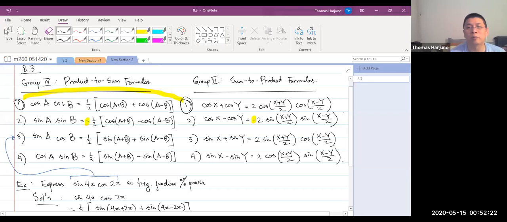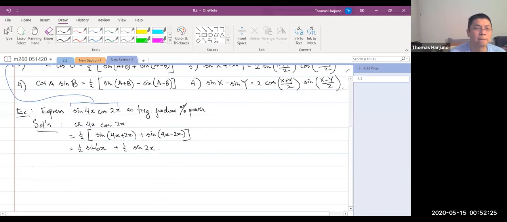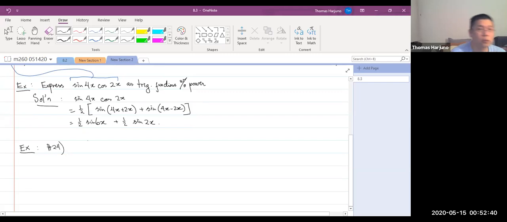Okay, let's do some problems from our book. For example, number 24. We have cosine 50 degrees minus cosine 10 degrees. Simplify whenever possible. And then we see, oh, this is a cosine difference.